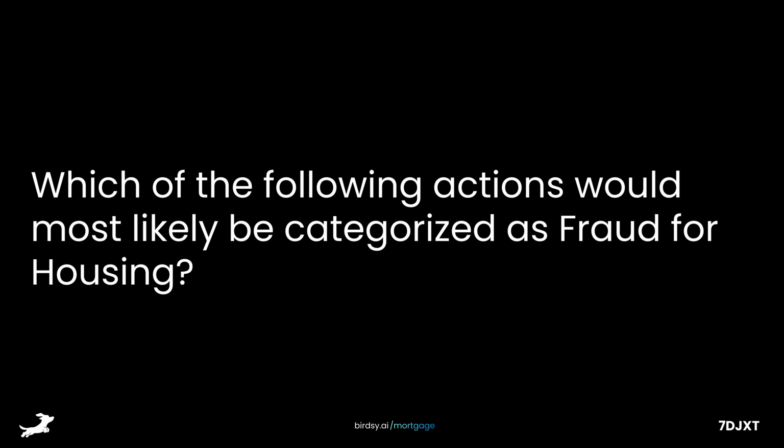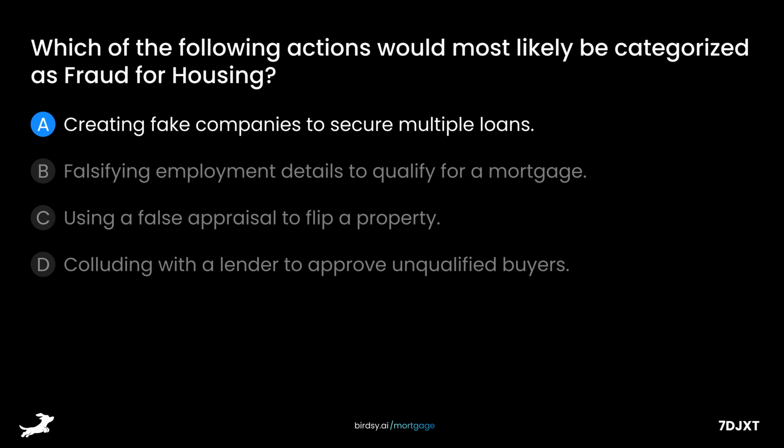Which of the following actions would most likely be categorized as fraud for housing? Is it A, creating fake companies to secure multiple loans? B, falsifying employment details to qualify for a mortgage? C, using a false appraisal to flip a property? Or D, colluding with a lender to approve unqualified buyers?